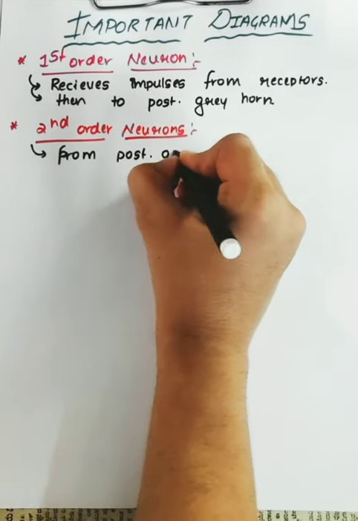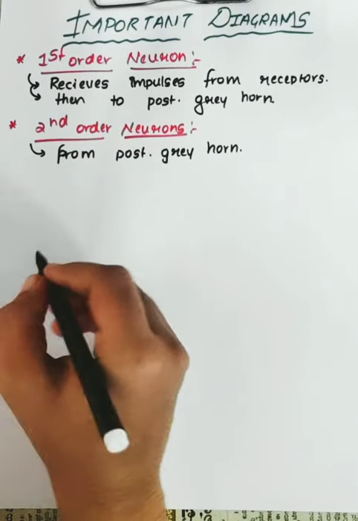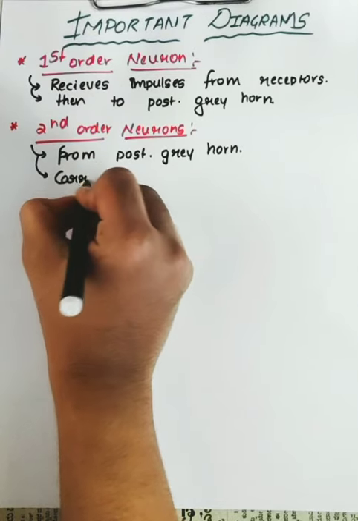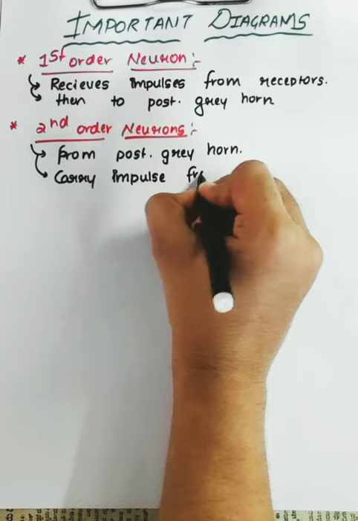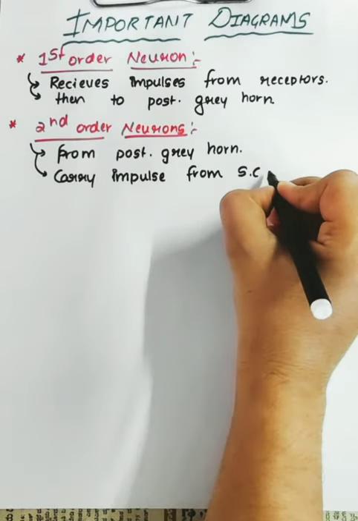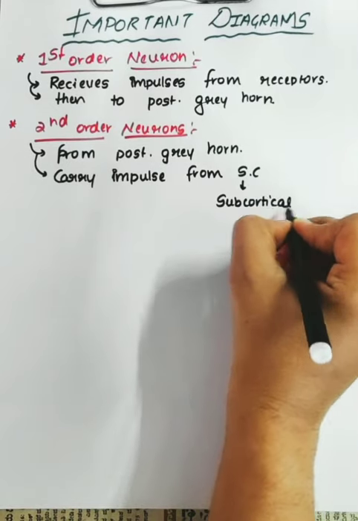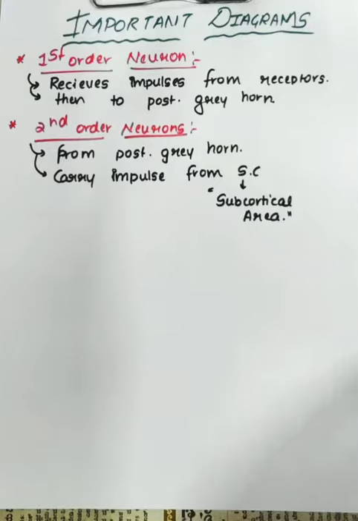They carry the impulses from the spinal cord to the subcortical areas. It might be the medulla, it might be the thalamus or anything. So this was about the second order neuron.